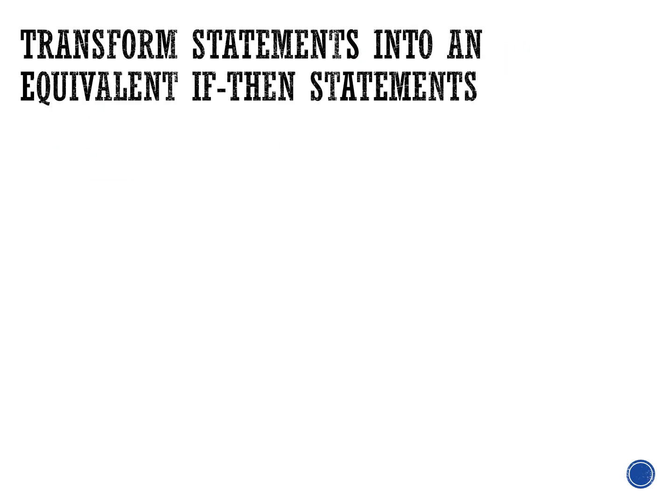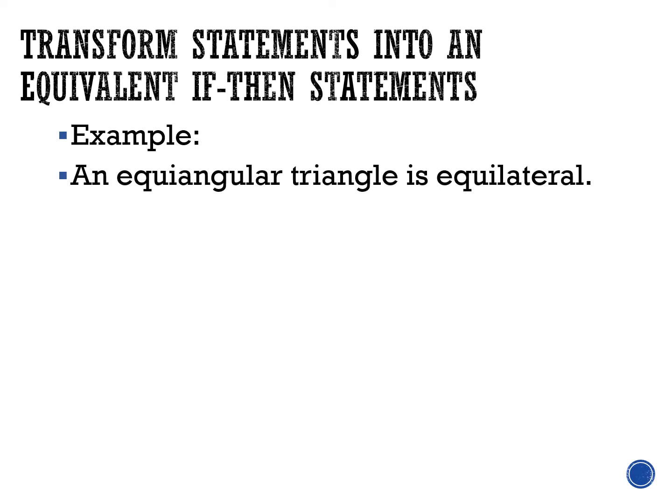Let's now transform statements into an equivalent if-then statements. Let us have an example. An equiangular triangle is equilateral. How we are going to transform these statements into an if-then statement.